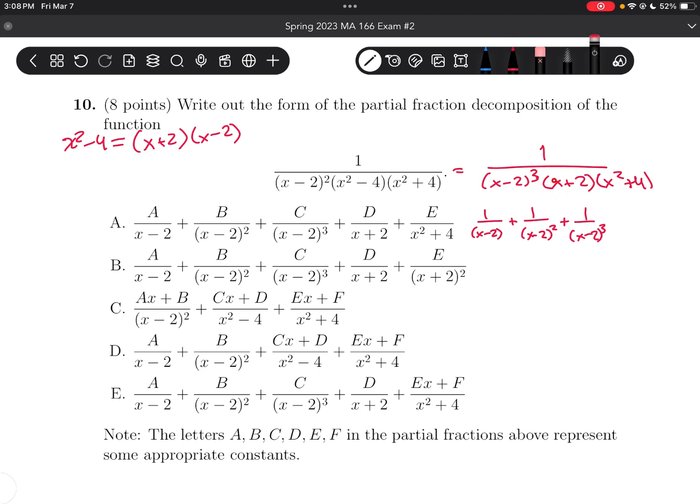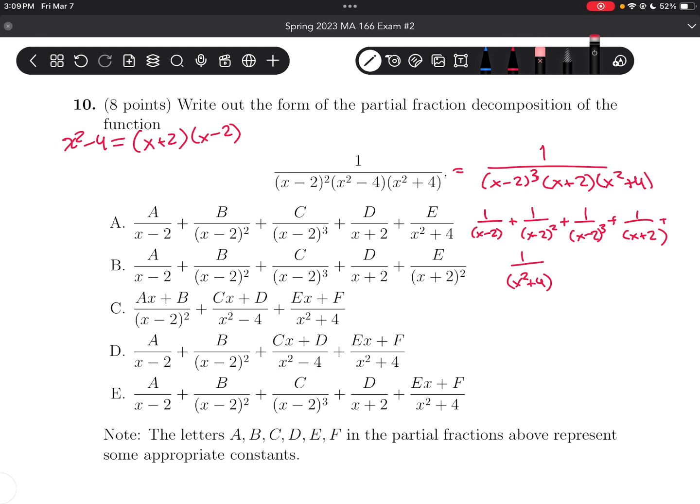For x plus 2, since I only have x plus 2 to the power of 1, that is enough. I just need 1 over x plus 2. And now I have x squared plus 4. Since x squared plus 4 has a multiplicity of 1, I only need one fraction with x squared plus 4.